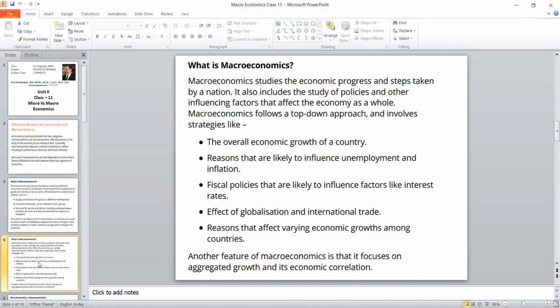All these things studied in a particular subject, we call macroeconomics. What is the approach? It is the top-to-bottom approach, or here I have typed it as top-down approach. So bottom-up approach is called micro and top-down approach is called macro.